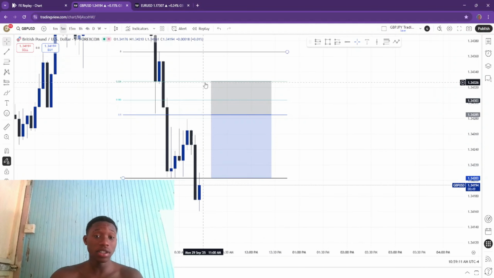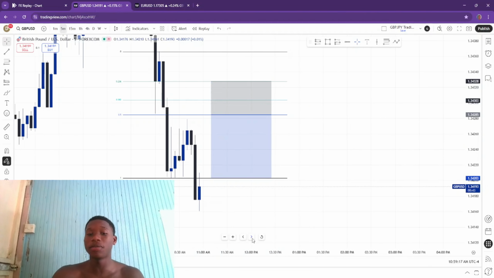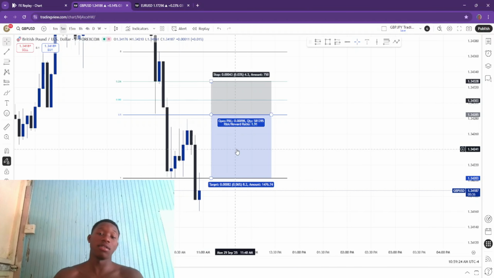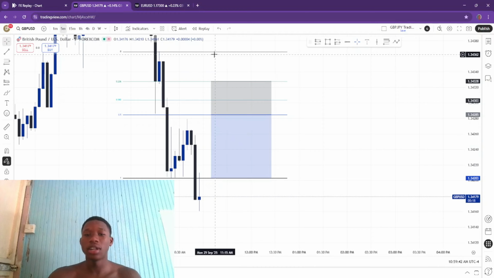Most of our wins don't touch that 0.236 line. Price does go up, probably touching the 0.382 line and then reverting, but most of our wins just go down to our TP. So by optimizing it we get about a 1 to 1.9 if we put our stop loss there. So we will definitely put our stop loss there on all future trades, because the evidence is overwhelming that if price passes that line, it's going to lose either way, right?